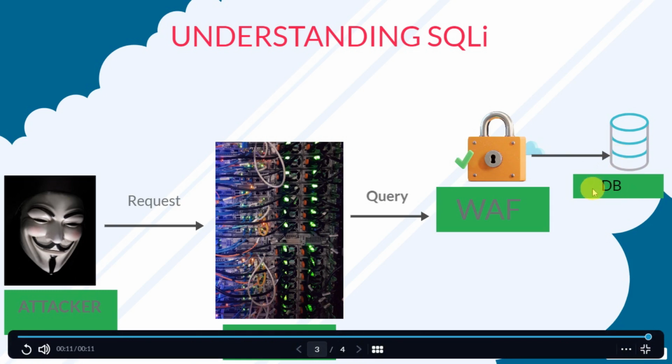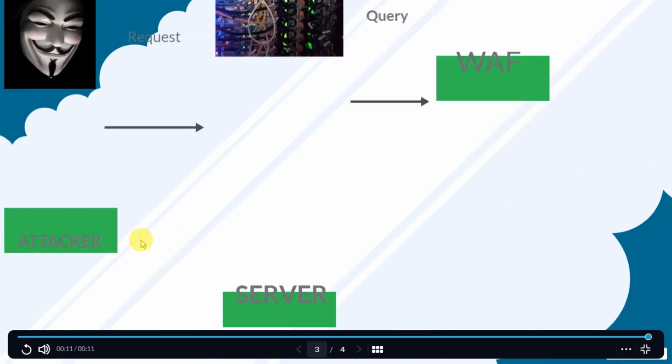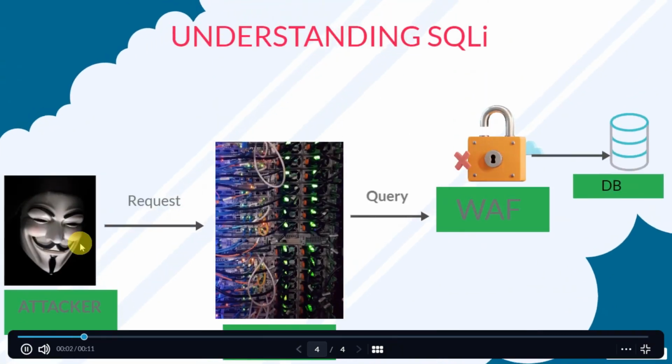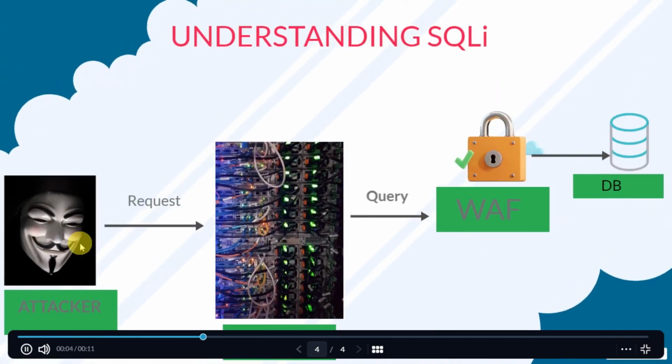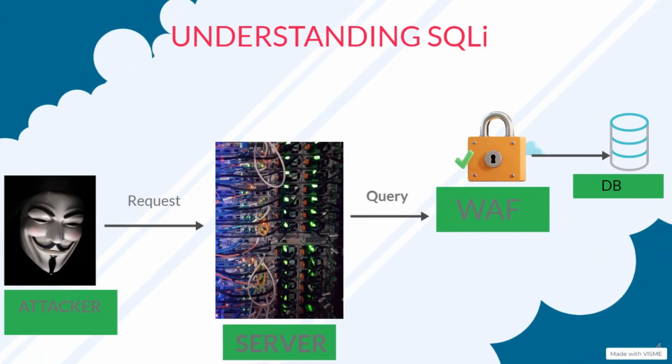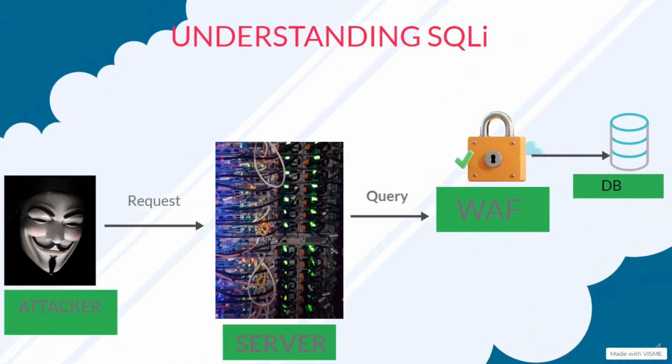If yes, if this database has Mercedes cars, the database will respond to the web server with the query answer, and the same web server will forward this response back to the normal person, and as a result the person will be able to see all the Mercedes models that are available on that particular website.